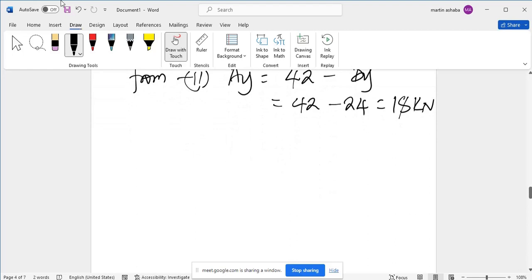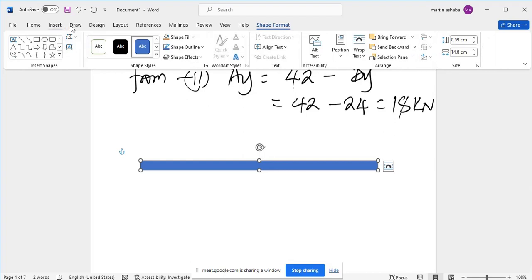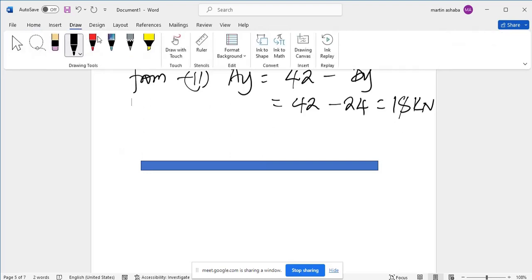Now your task is to redraw the beam and indicate all those forces, and this is what we are calling a free body diagram. So this one is going to be ay. Ax is 0, so even if we don't indicate it right now, our ay is 18 kilonewtons.